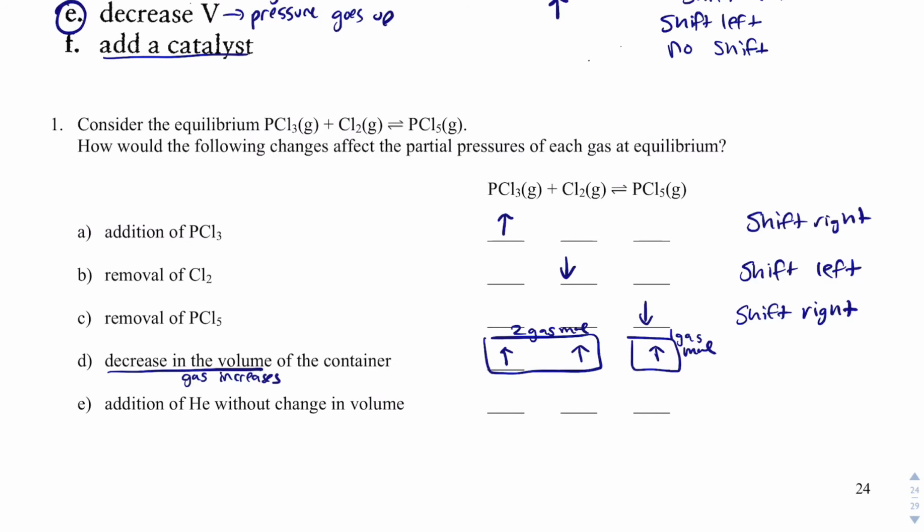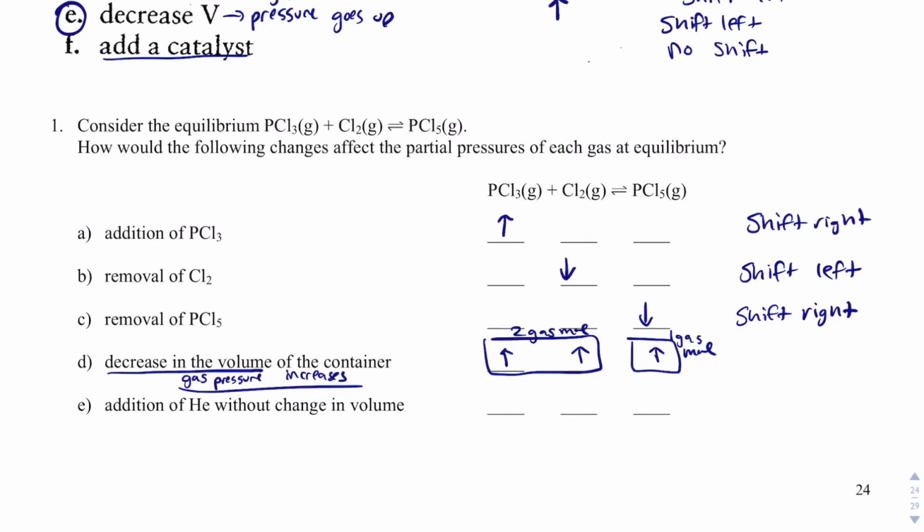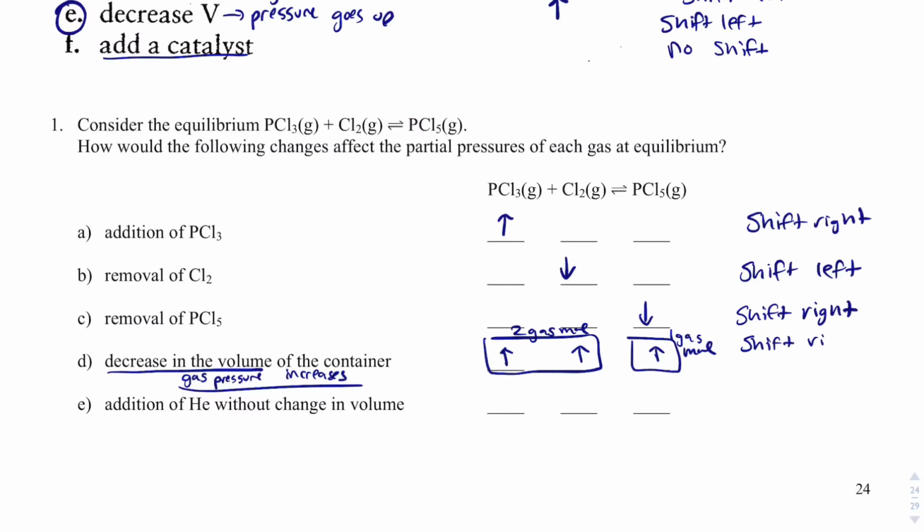And so, I forgot to say pressure here. If pressure is what my disruption was, having too much pressure, I want to shift to the side with less pressure. To do that, I'm going to shift right because that side has less pressure.